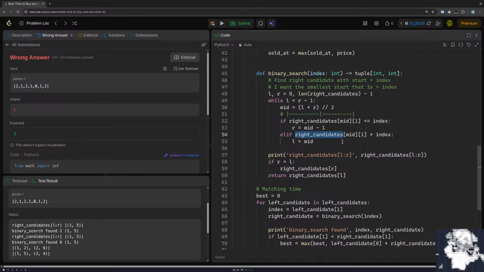If the one I'm considering is greater than index, then the one I'm considering could be the answer. And the other ones that could be the answer and might be even better are, so the midpoint might be the answer.